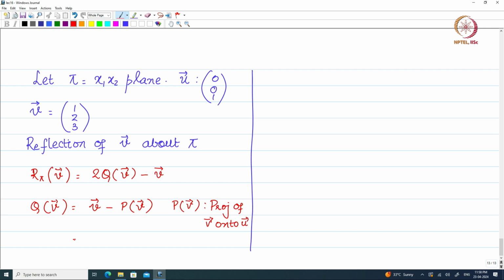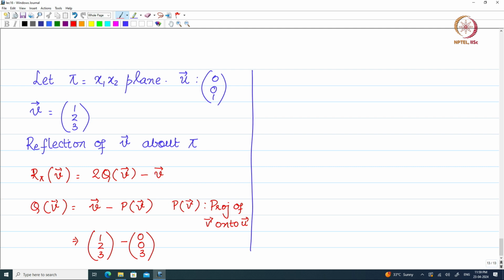So, the v vector is 1 2 3 and the projection of v onto that axis is going to be 0 0 3, right.